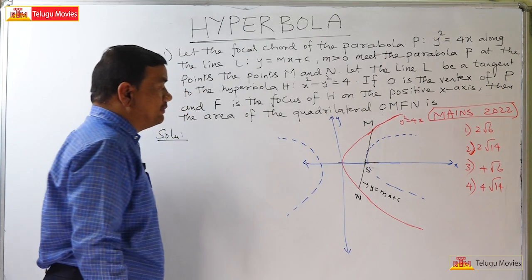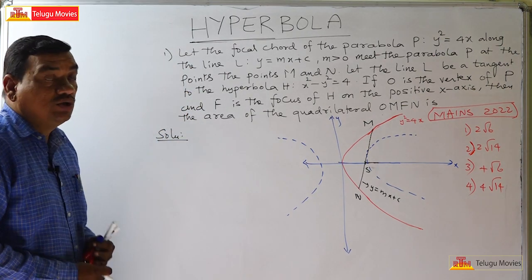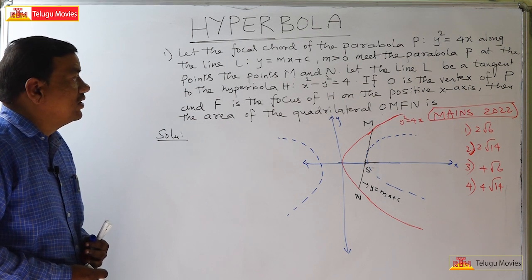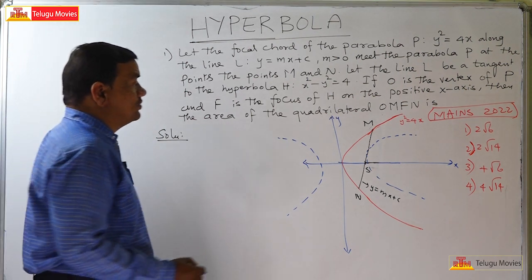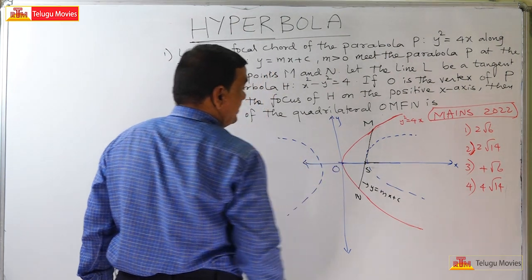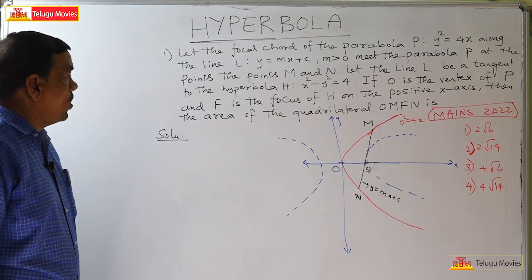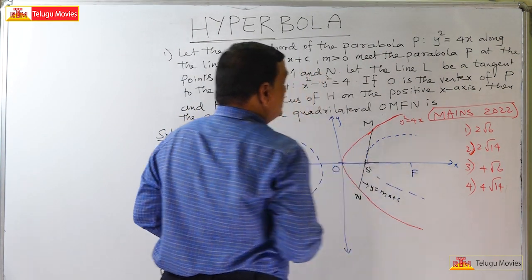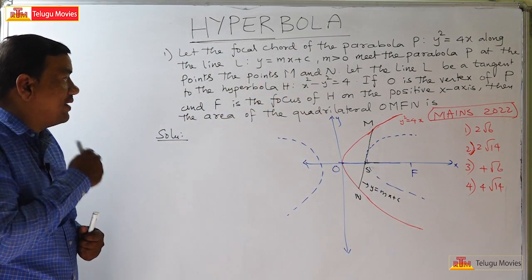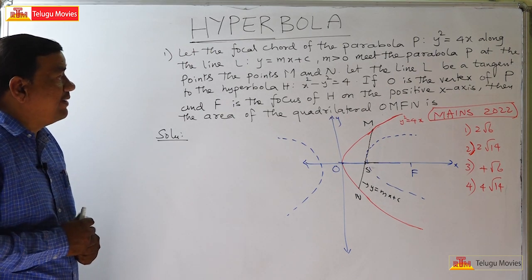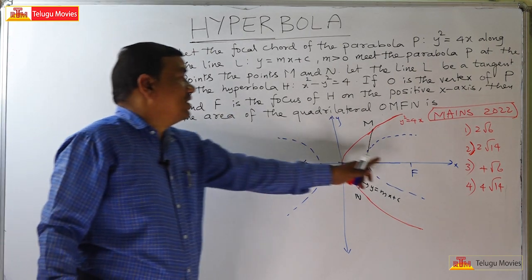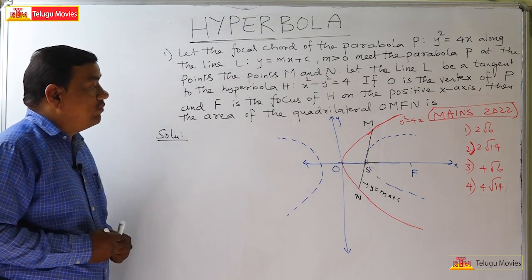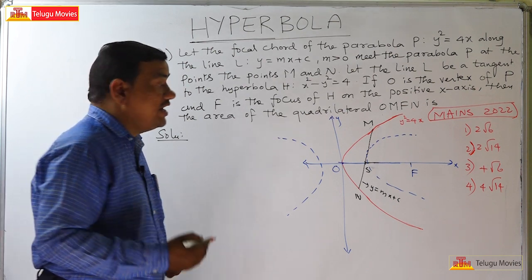So y is equal to mx plus c is a tangent to the hyperbola x square by 4 minus y square by 4. O is the vertex of the parabola, and F is the focus of the hyperbola on the positive x-axis. Then the area of the quadrilateral, now join.